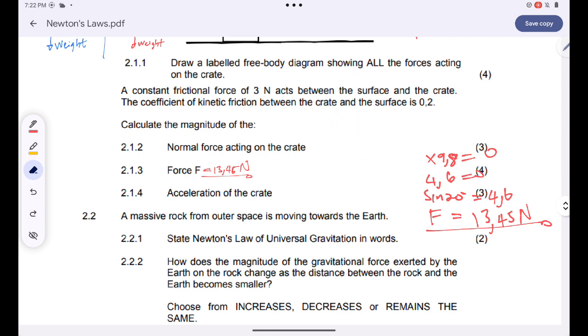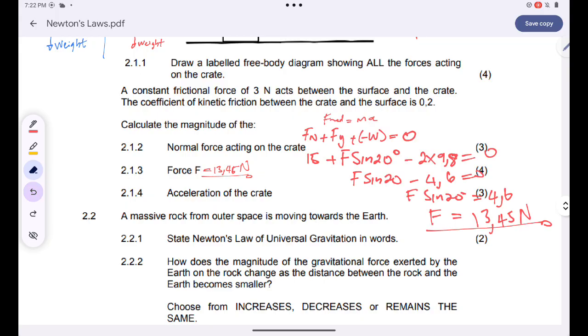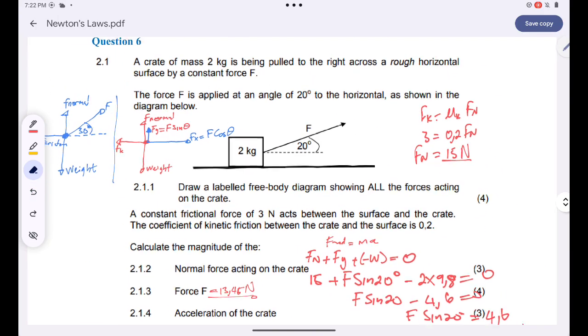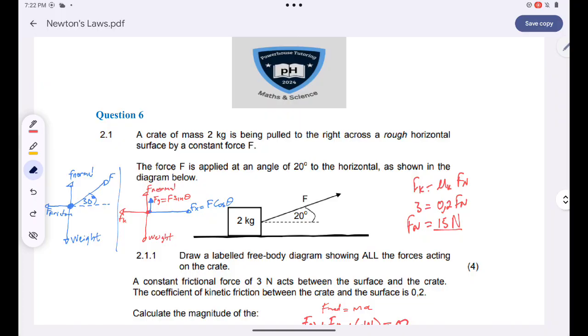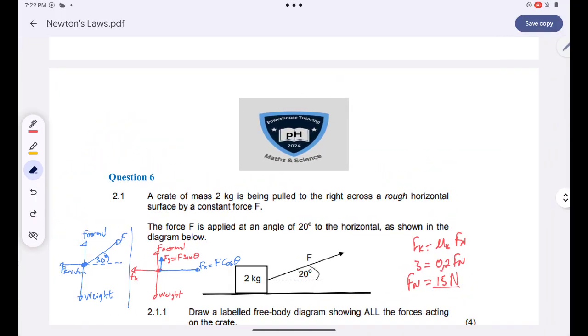Okay, and then 2.1.4, they want us to calculate the acceleration on the crate. Let me answer this question. If we focus, guys, on the horizontal forces, because our crate is accelerating horizontally, that means F net on the horizontal dimension is equal to ma.